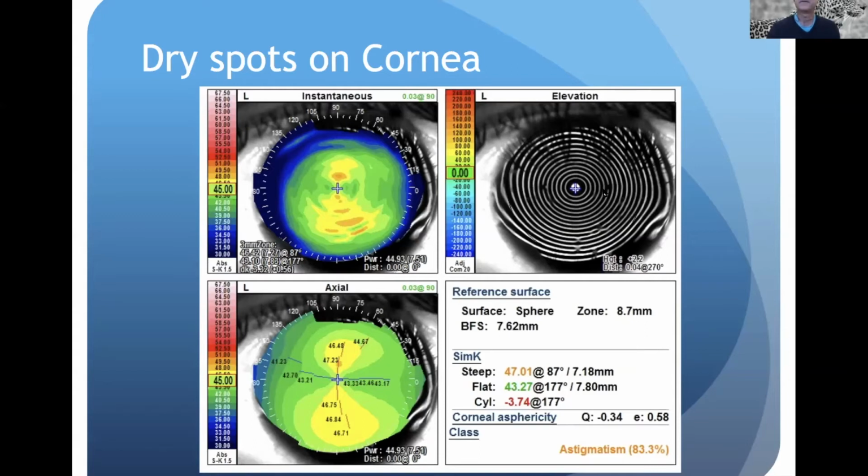But having seen this, then you know to look: does this patient have SPK, or were they just told to don't blink, don't blink, and 30 seconds later the picture was taken and ended up with some dry spots on the cornea.